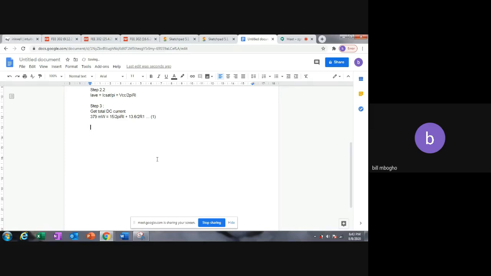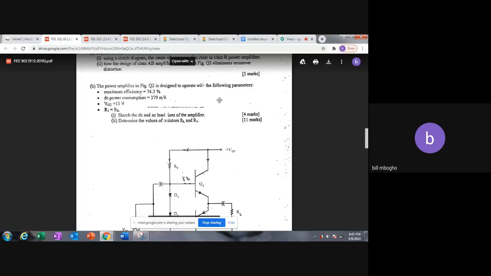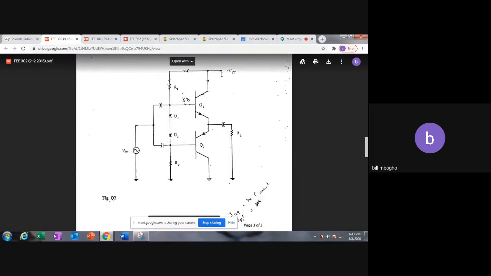Okay, so once you have the DC current, the next step, step 4, is to get input power, which is equal to the DC current times VCC. In case you're not getting why it's VCC, it's because this DC current is flowing in a system with a voltage of VCC.